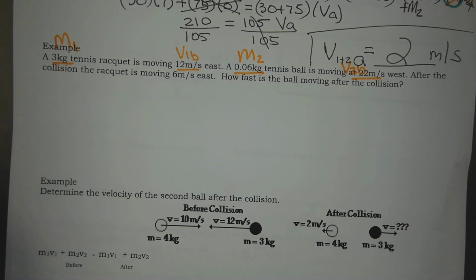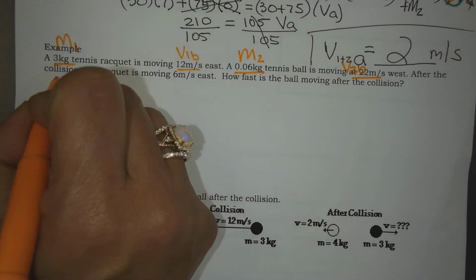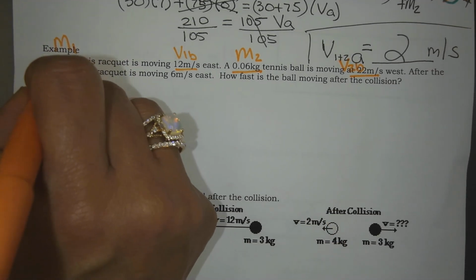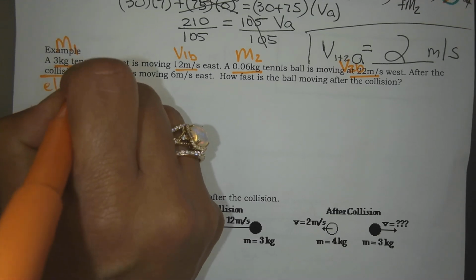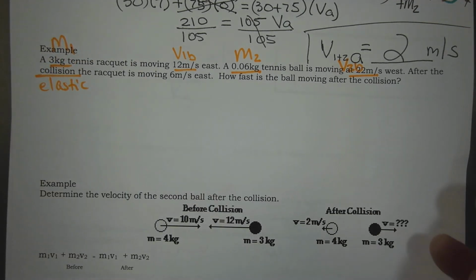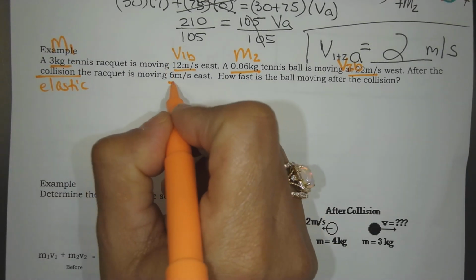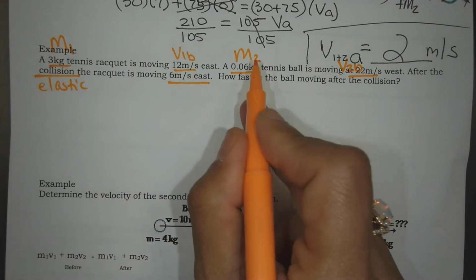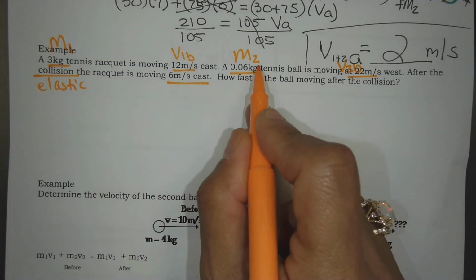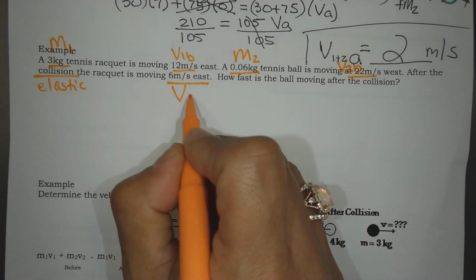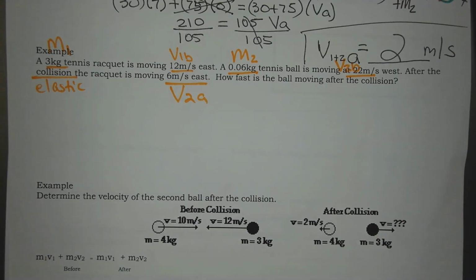After the collision, oh, there's a collision. Well, I'm pretty much familiar that a tennis ball is not going to stick inside of that racket. So I'm going to call this an elastic collision. Afterwards, the racket is moving, its velocity after the collision is 6.